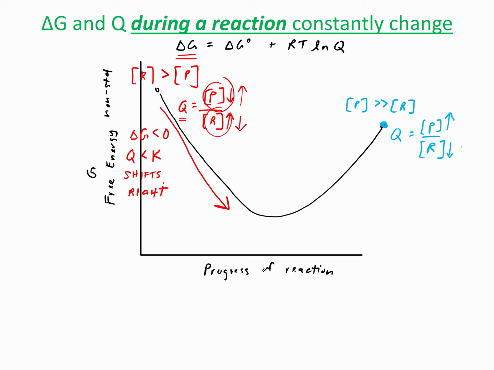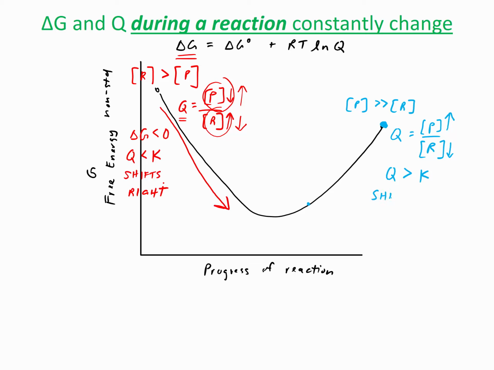So Q ends up being much greater than K. If you're right here, it's a little bit bigger than K, but if you're way over here on the extreme end, then Q is way bigger than K. So Q needs to become smaller. To get smaller, this needs to go down and this needs to go up over time. So it's going to shift from the product side back to the reactant side.